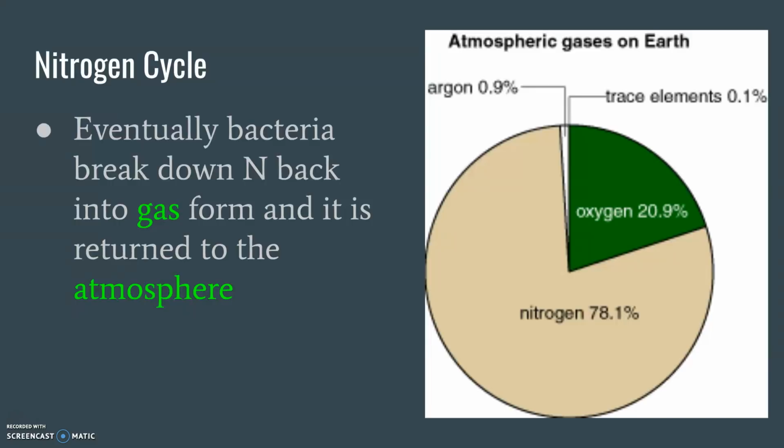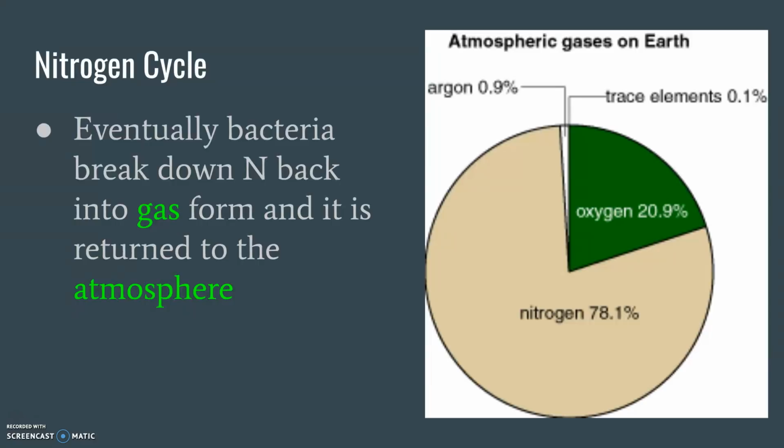The plant has made leaves and stems and cells full of nitrogen. That cow now eats the plant. So now the cow has nitrogen. And you eat the cow because you eat hamburgers or steaks or other things that I don't eat. So now you're getting nitrogen from the cow.